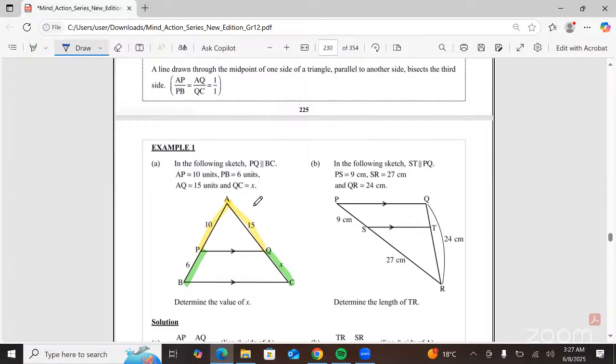So this is what we write, AP over PB is equal to AQ over QC. Then this is the statement.